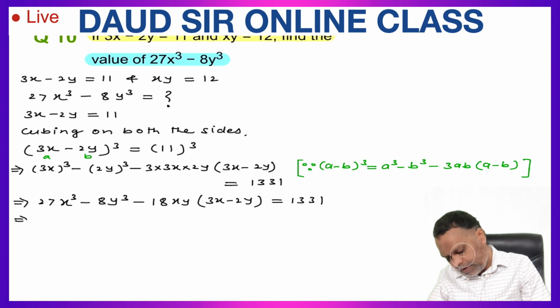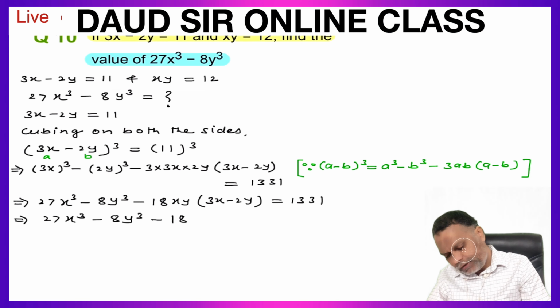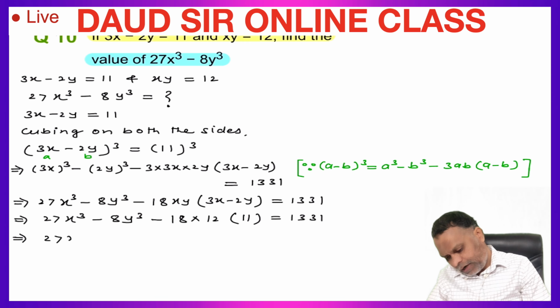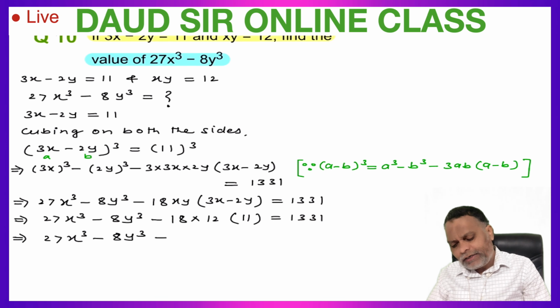Which implies 27x cube minus 8y cube minus 18 into xy, given 12, into 3x minus 2y, given 11, is equal to 1331, which implies 27x cube minus 8y cube minus 18 into 12 into 11.